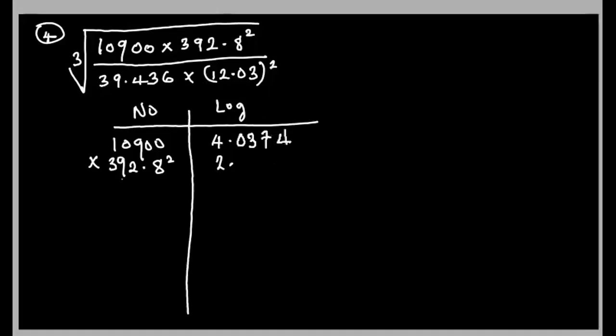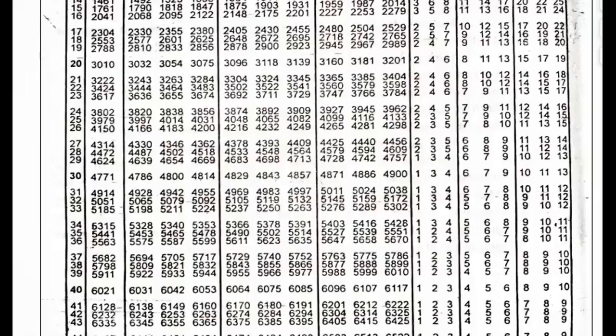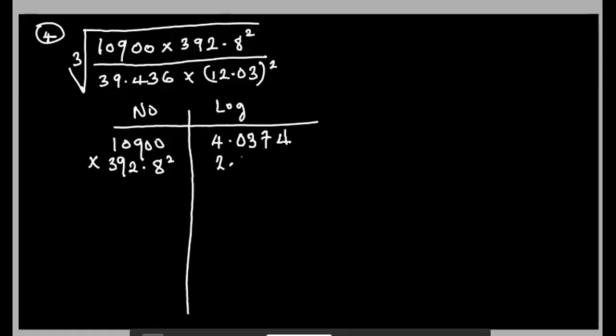Now for the next number, we will find 39 under 2, difference 8. 39 under 2 is 5933, and the difference of 8 should be 9. So when you add that value, you have 5942.